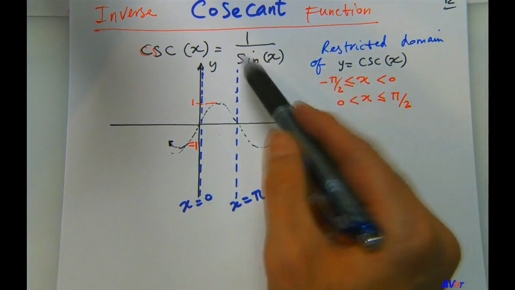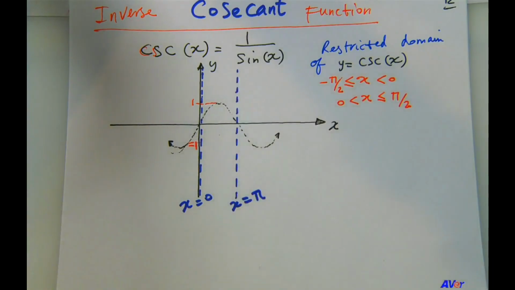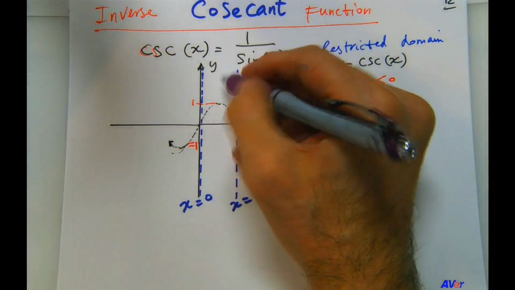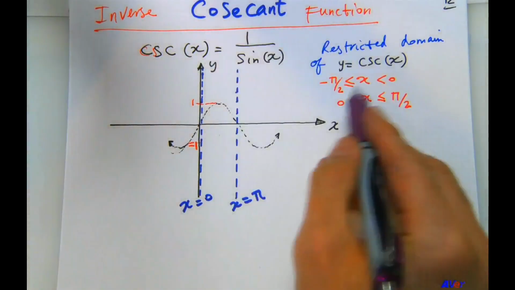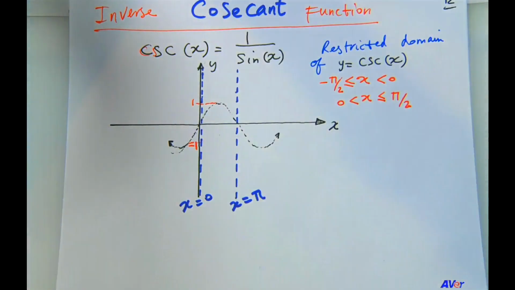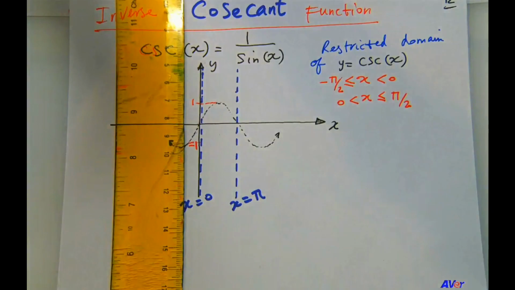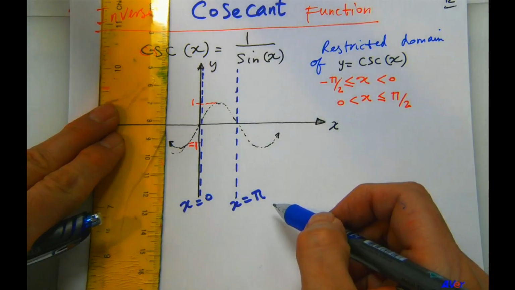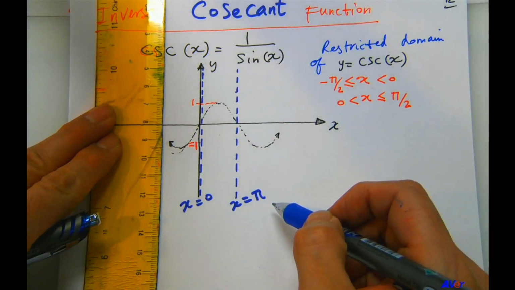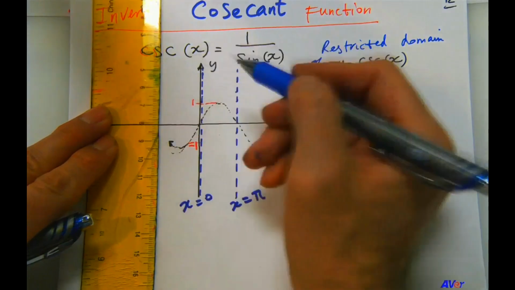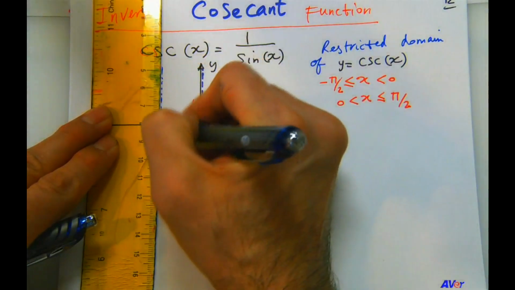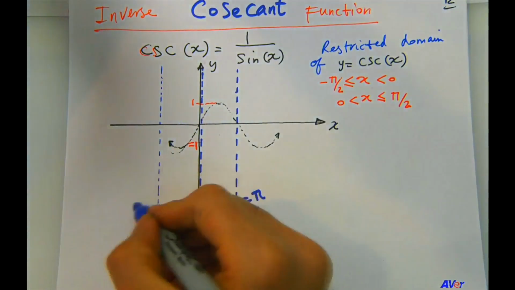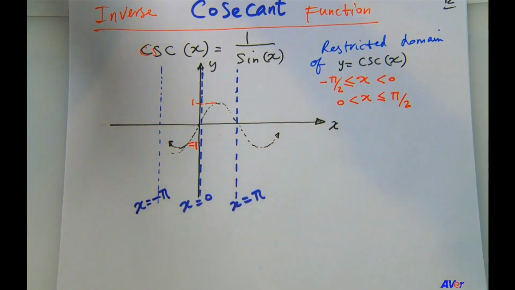So I should draw the cosecant function over this restricted domain. And I should draw the other side, which is negative pi, so that should be x equals negative pi here.